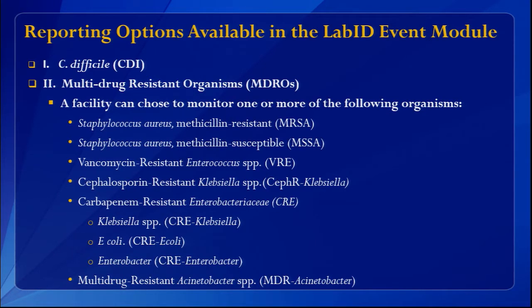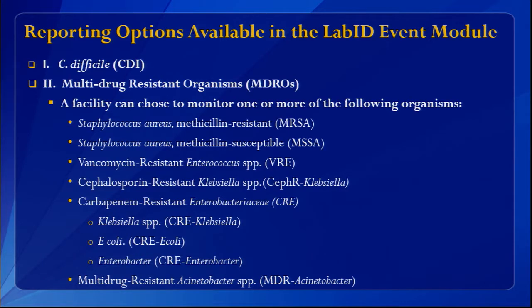A facility can also monitor Staphylococcus aureus methicillin susceptible, MSSA, in conjunction with monitoring MRSA, if you want to look at maybe the trends with the susceptibility patterns of your Staph aureus. You can also choose to monitor vancomycin-resistant enterococcus species, or VRE.